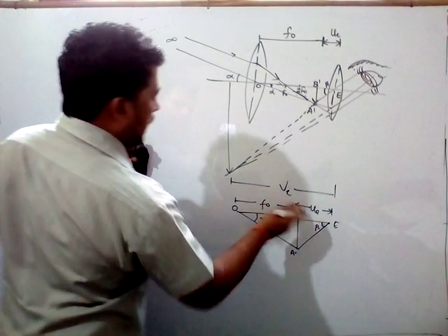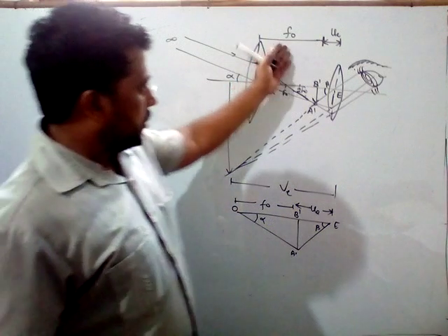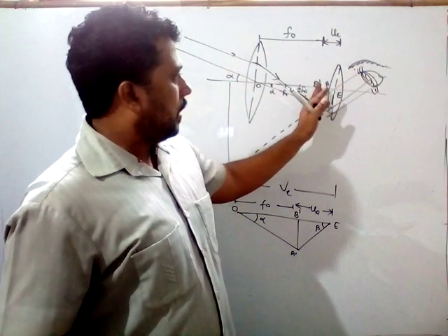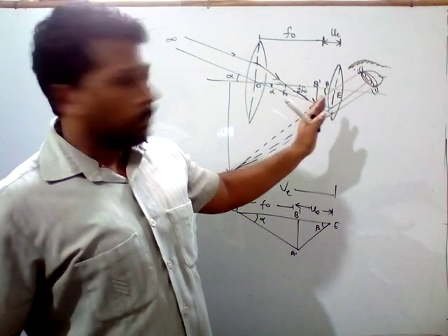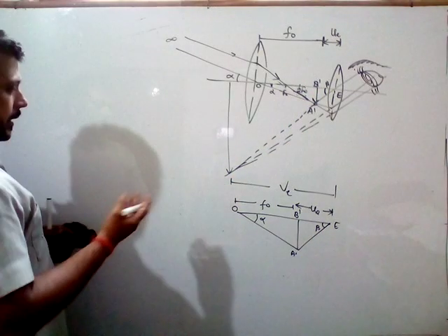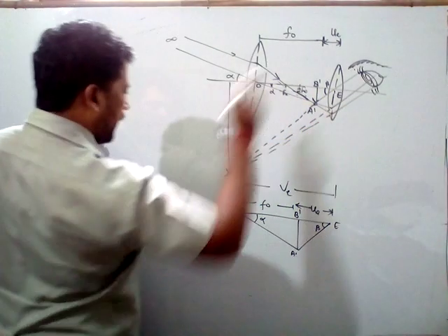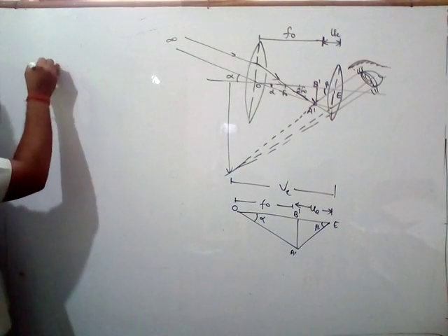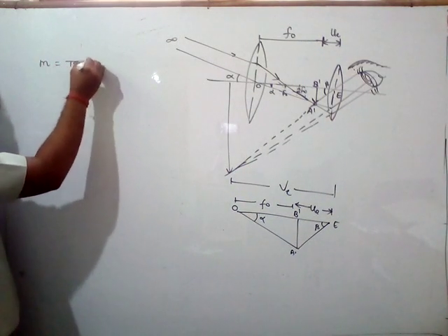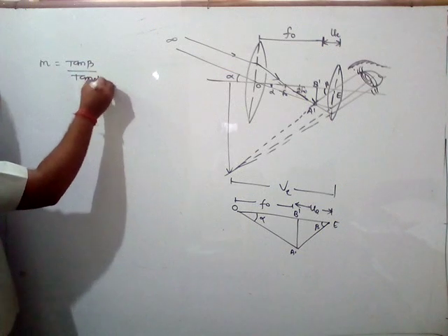The right side for this length is positive, and the object distance is negative, as it lies on the left side for the next lens, like the eyepiece lens. So here the magnification M is equal to tan beta upon tan alpha.